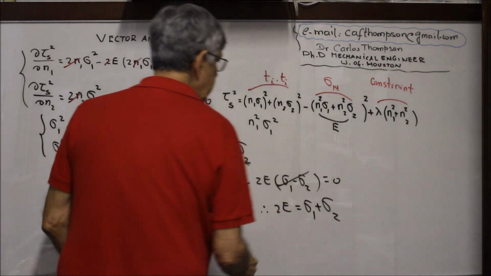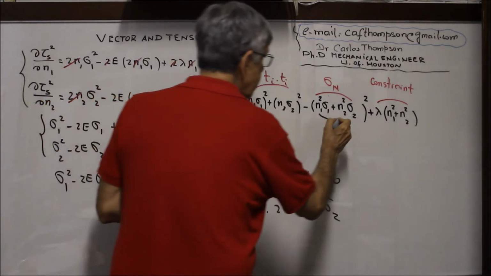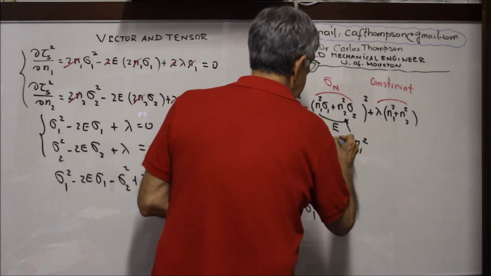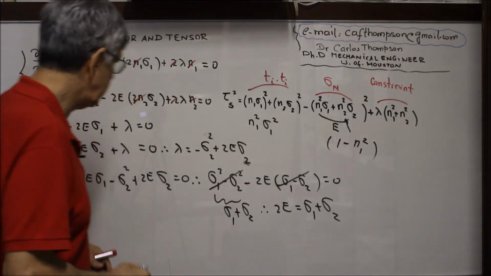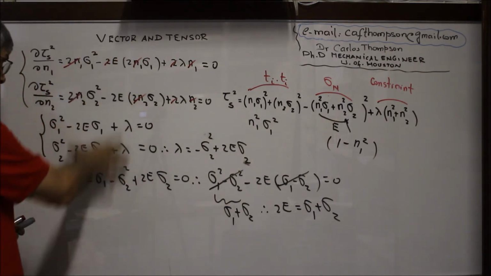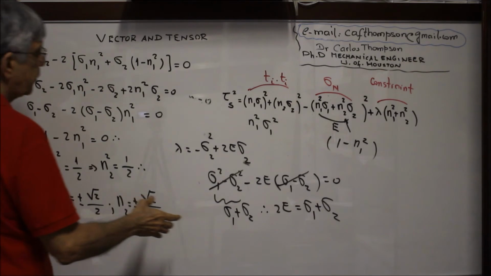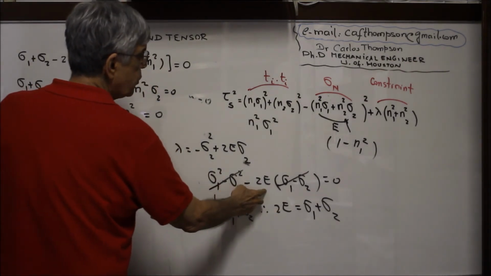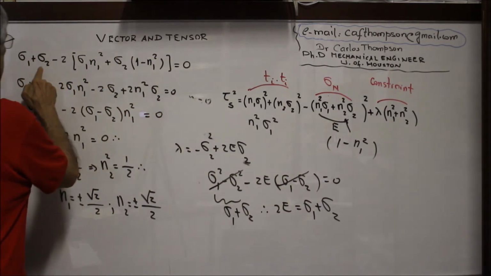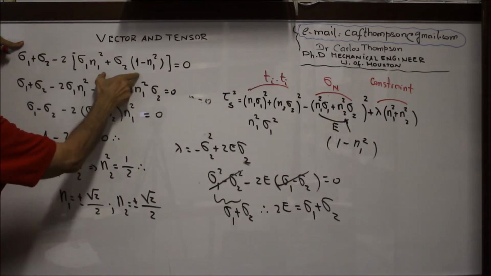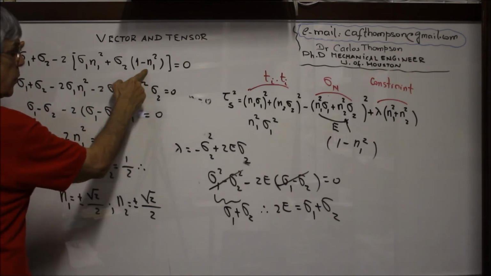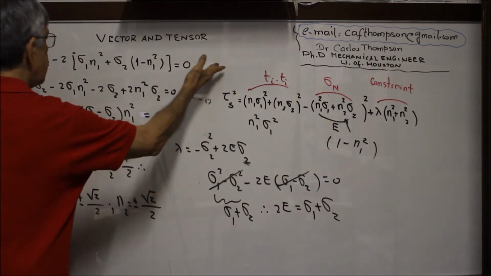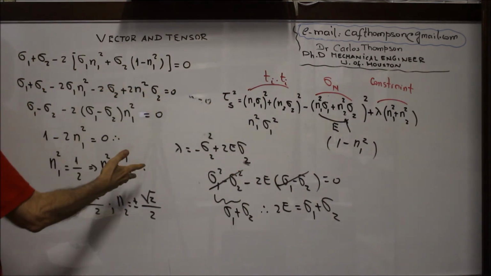Now let's substitute e over here, knowing that n2 squared is equal to 1 minus n1 squared. So sigma 1 plus sigma 2 minus 2e is equal 0. Here I already substituted n2 squared by 1 minus n1 squared. It's a very simple manipulation.